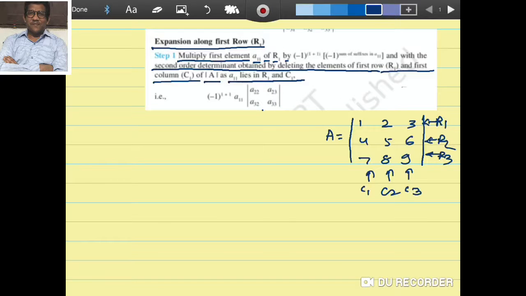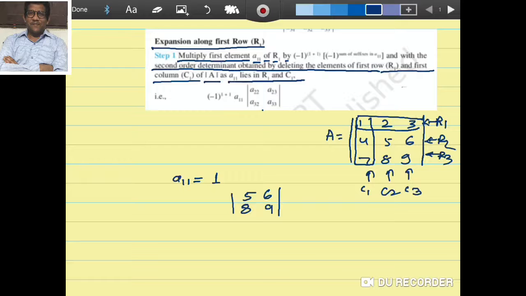Here a11 is equal to 1 and the determinant obtained by deleting the first row and first column is |5 6; 8 9|.